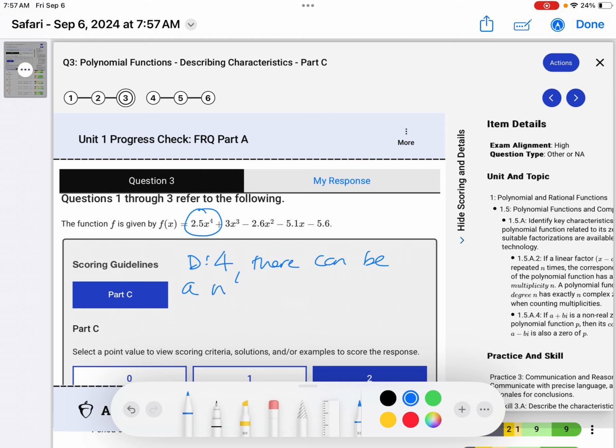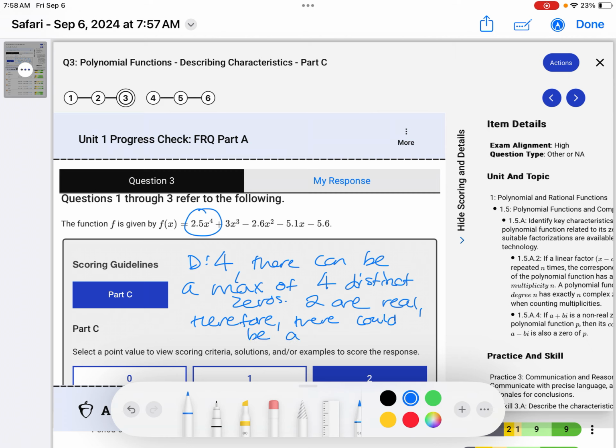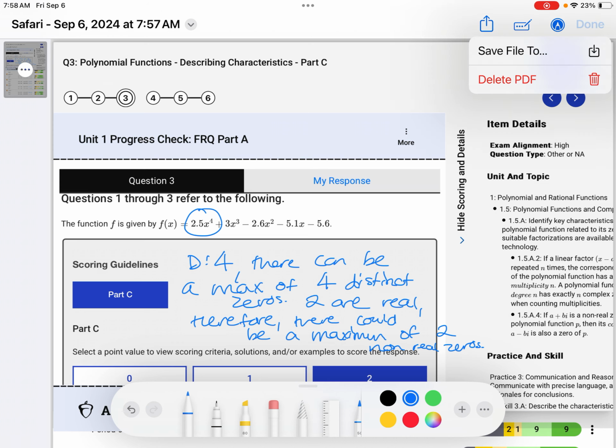There can be a maximum of 4 distinct zeros. 2 are real, we just found. Therefore, there could be a maximum of 2 non-real zeros. It has to add up to 4. And that's it. All right. And that's the FRQ.